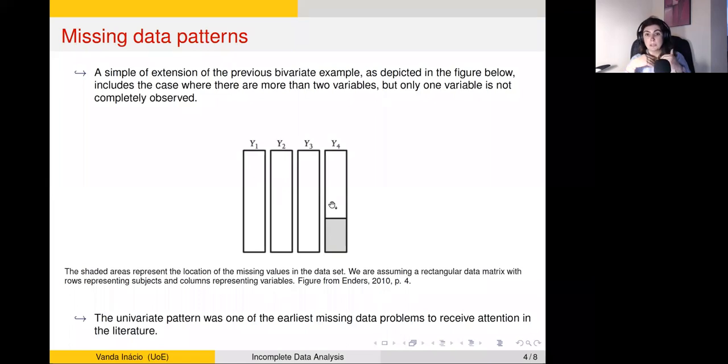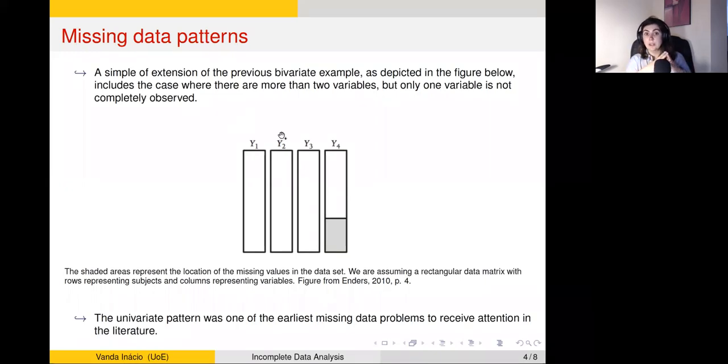And we will be assuming in this video and in the next ones that we have a rectangular data matrix where the rows represent the subjects or the statistical units and the columns represent the variables. For instance, in our example, the rows would be the households, Y1 would be the number of children living in the household, and Y2 would be the hourly wage.